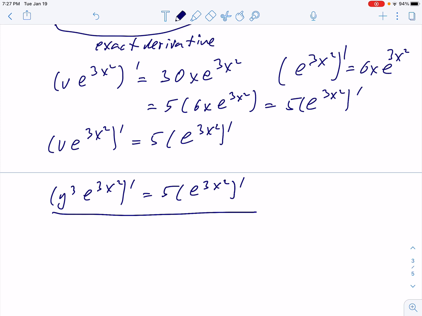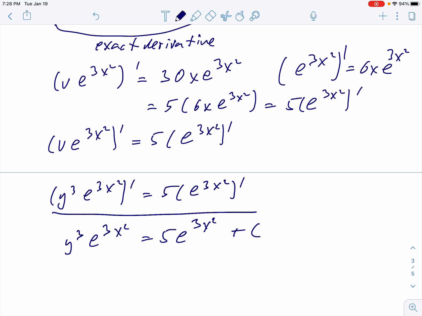So integration now is quite simple. We have equality of two derivatives, so integration just gives you y cubed exponential 3x squared equals 5 exponential 3x squared plus c. 5 we don't touch, that's just the coefficient.